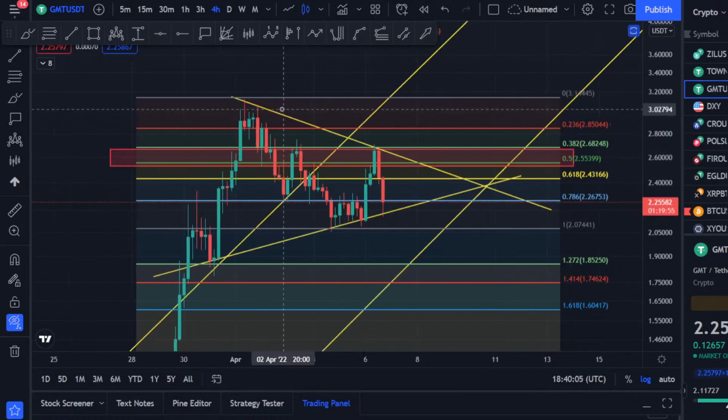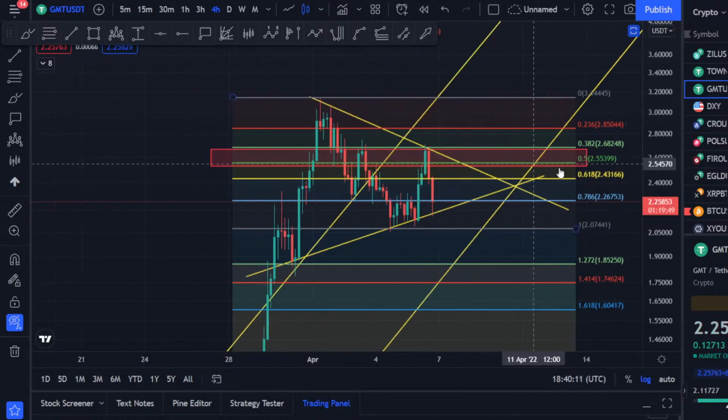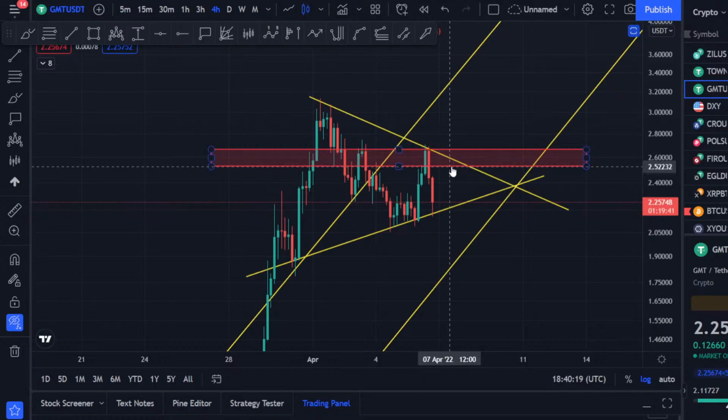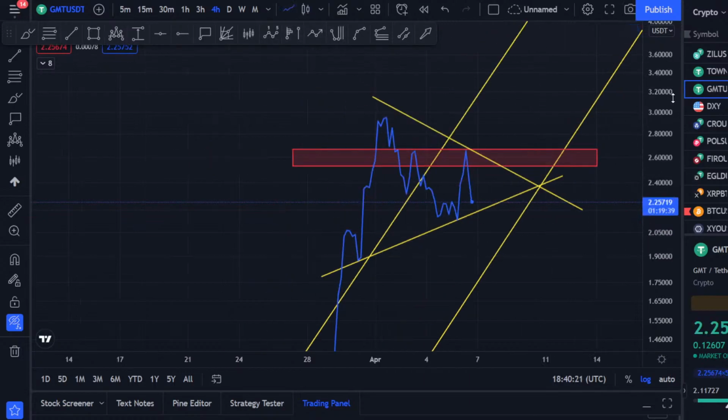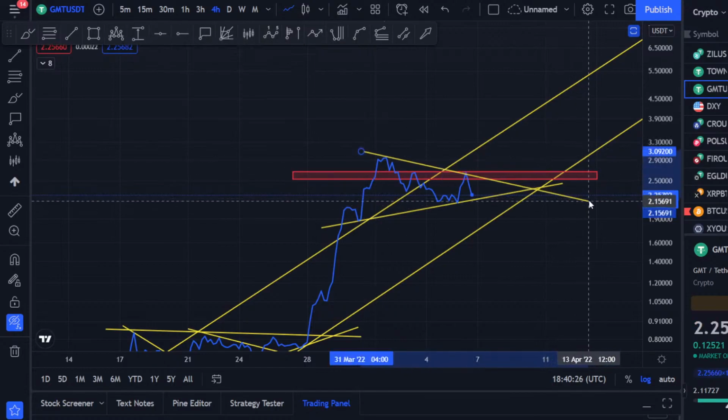So now if you break this resistance, you're breaking the 0.618 level, and momentum can shift towards the upside. If you break the support level, obviously you should know this, it's going to shift towards the downside, because this is an area of significance. Now look at this. In the line graph, you can clearly see a symmetrical triangle is in play.